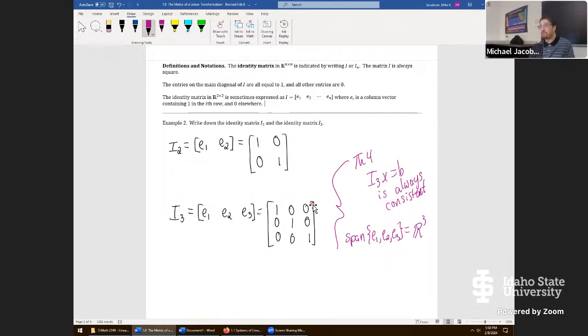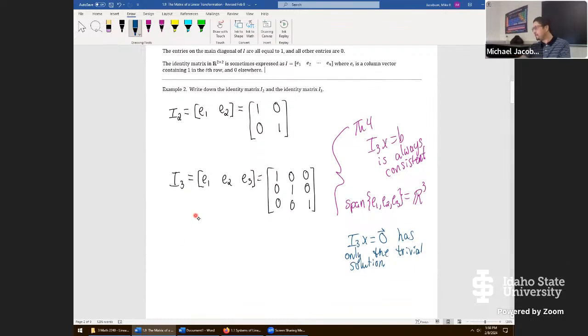But this is a square matrix, so we can say even more about this. There is a pivot in every column. That means I3 times x equals the 0 vector has only a trivial solution. So that's kind of interesting, but it says something about the columns. They're also linearly independent at the same time.